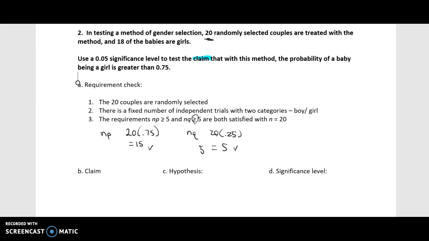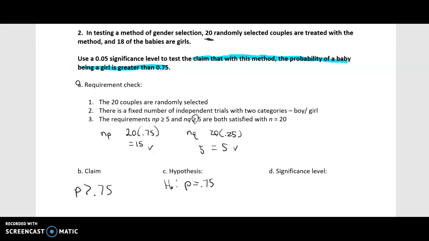We need to test the claim that with this method, the probability of a baby being a girl is greater than 0.75. So our claim is P is greater than 0.75. For our hypotheses, our null hypothesis always has an equal to sign. So we have our null hypothesis is P equals 0.75.